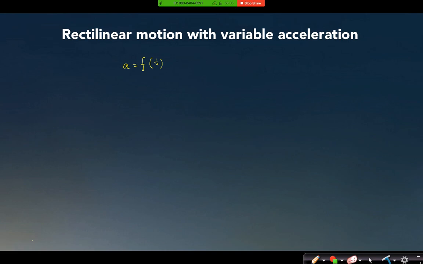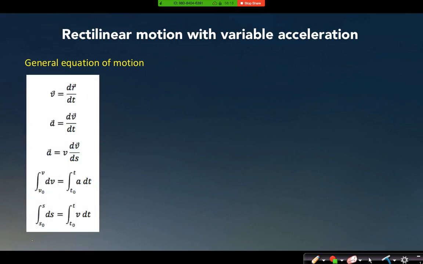So all of them will be variable, right? So how to solve this type of question? For that, we have to understand general equations of motion. What are general equations of motion? Now these are general equations of motion that already we have discussed. First three equations we have discussed, at least first two equations we have already discussed in our class.